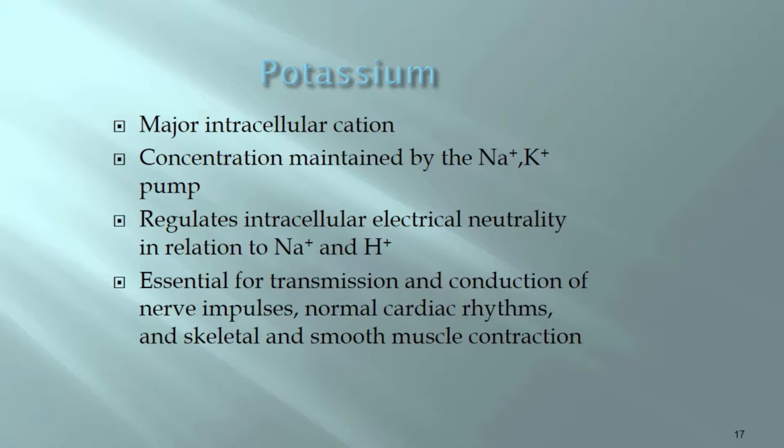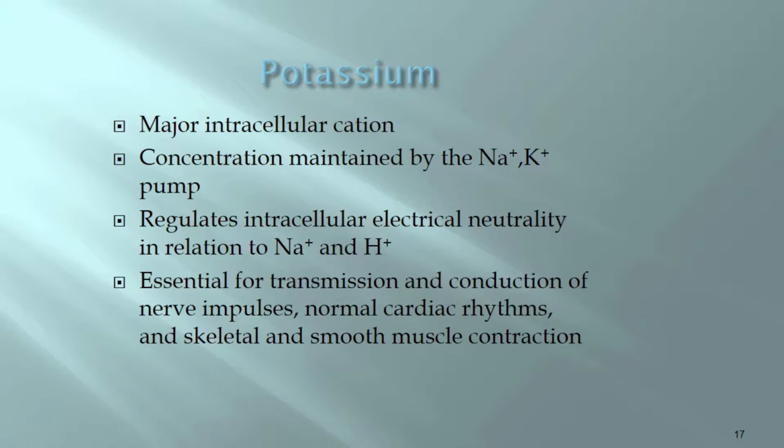So why do we need potassium? Because it's needed for conduction of nerve impulses, to maintain normal cardiac contraction and rhythms, and also skeletal and smooth, let's say, GI muscle contraction. All of these are governed by potassium.